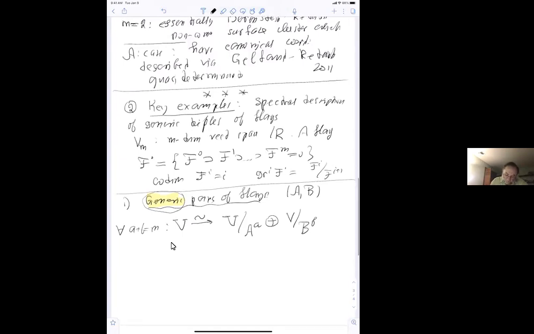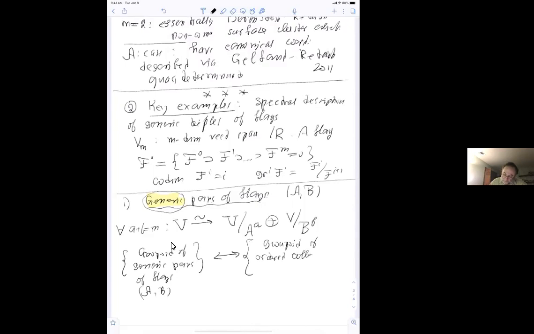Now, how do we describe them? So here is a lemma. If you consider the groupoid of generic pairs of flags, let's call them A, B. This is the same thing, meaning there's a canonical equivalence of groupoids, with the groupoid of ordered collections of lines, R lines.